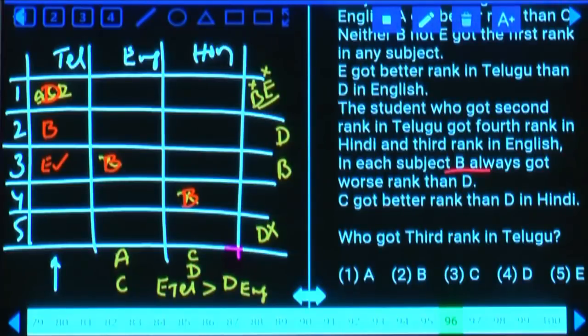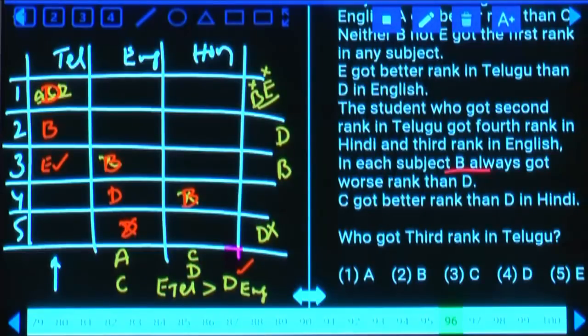E cannot be in the first 2 places. If E is here at 3, then D's rank in English must be either 4 or 5. Is it possible to have D at this place? No. Why can D not be at this place? Because if D is here, D cannot be at the 5th place.